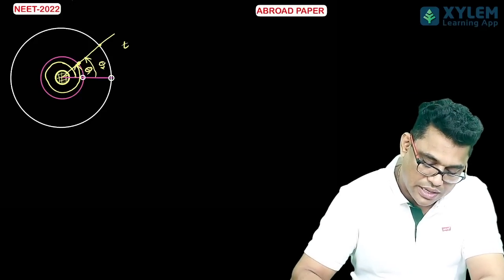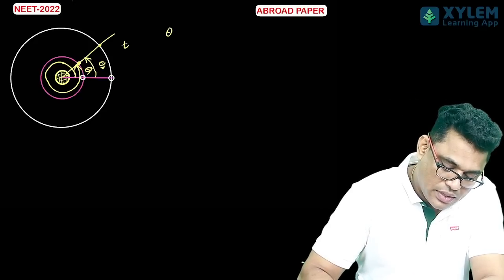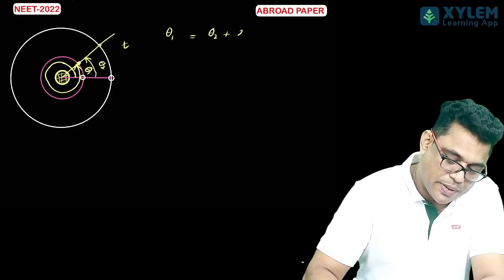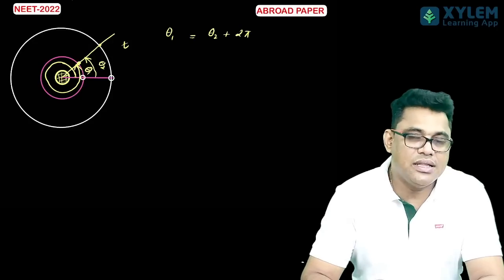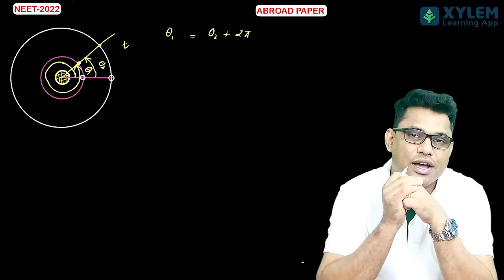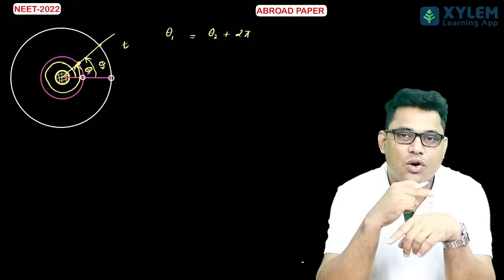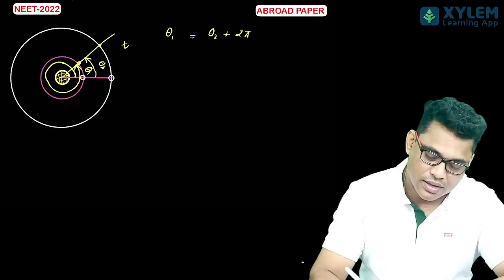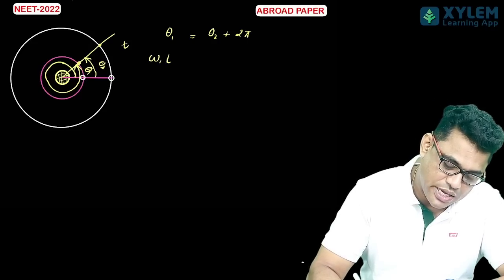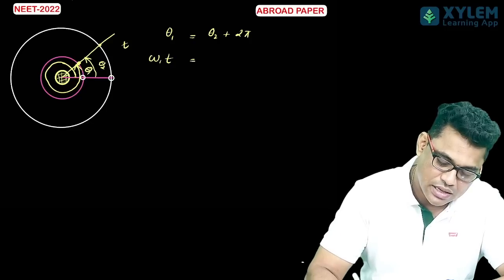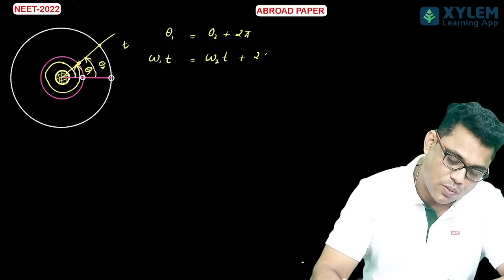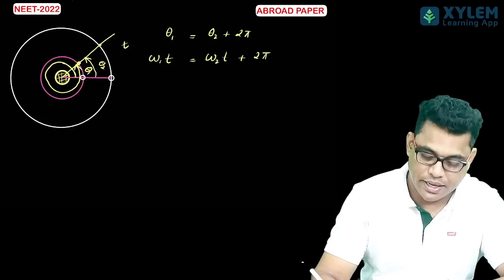Theta 1 is equal to theta 2 plus 2 pi. By this time, the inner planet has made one revolution more than the outer planet. Then theta 1 can be written as omega 1 t, where t is the time taken. Theta 2 can be written as omega 2 t, plus 2 pi.